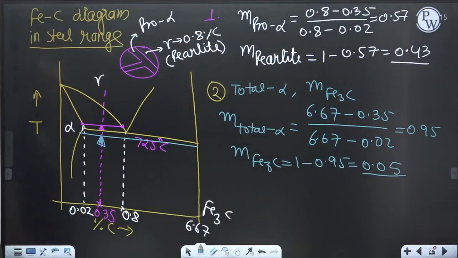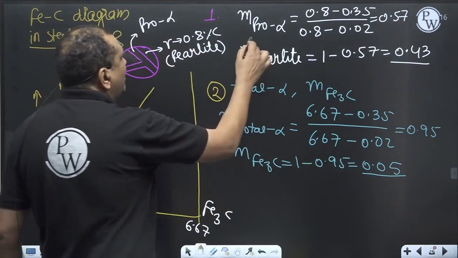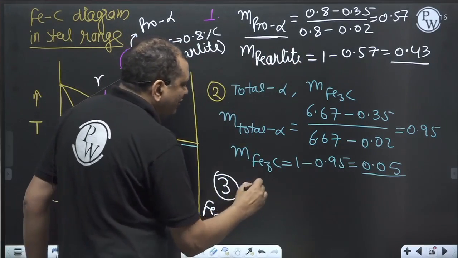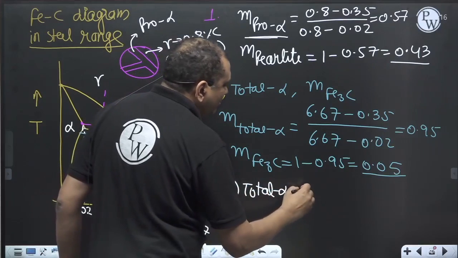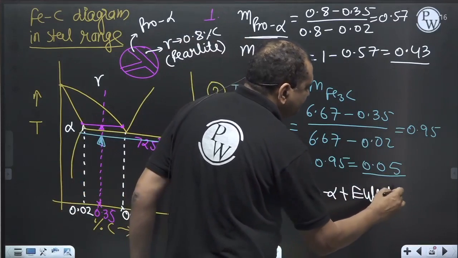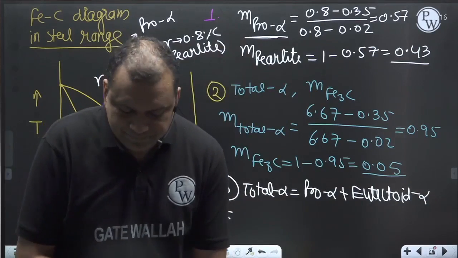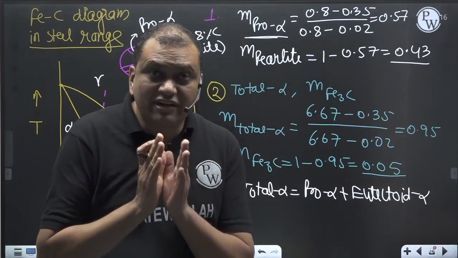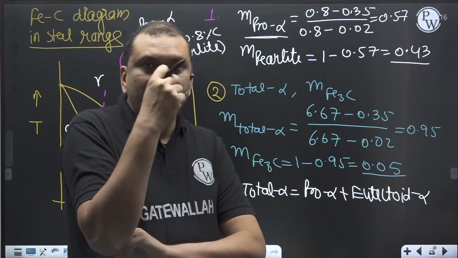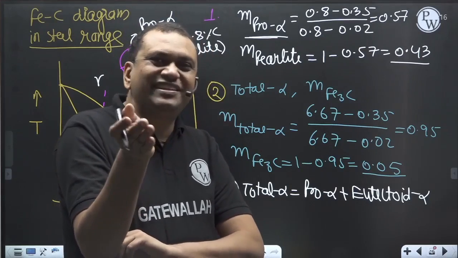Now total alpha we got and the pro alpha we got. So total alpha will be equal to pro alpha plus eutectoid alpha. You know, what is eutectoid alpha? In the pearlite, what is the pearlite microstructure? Pearlite constitutes alpha and Fe3C.